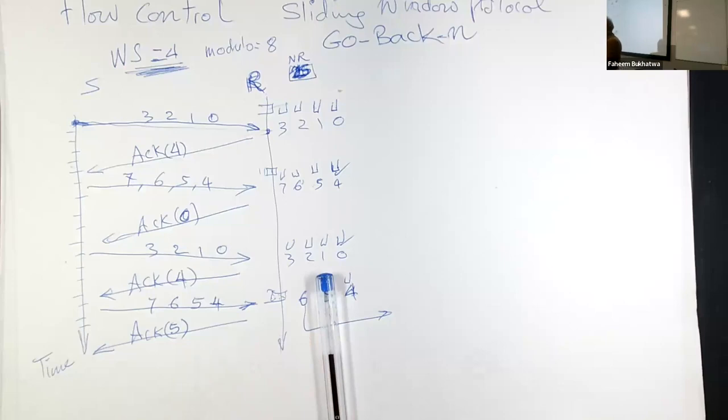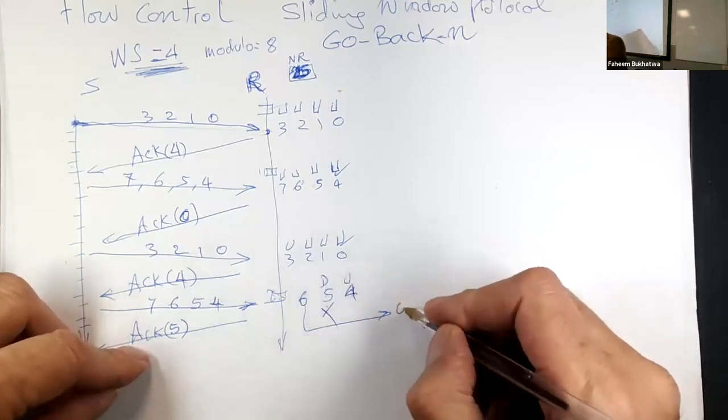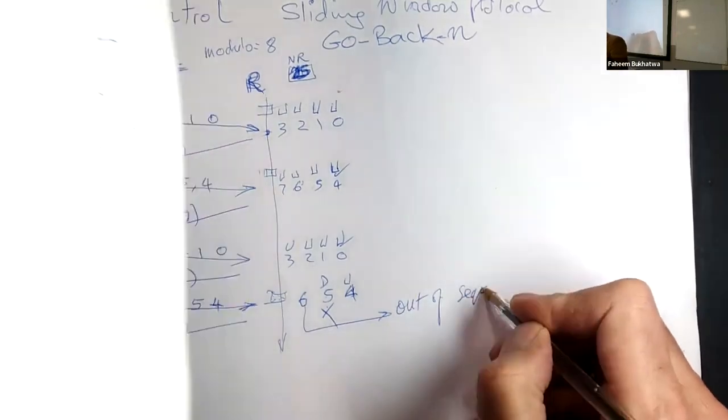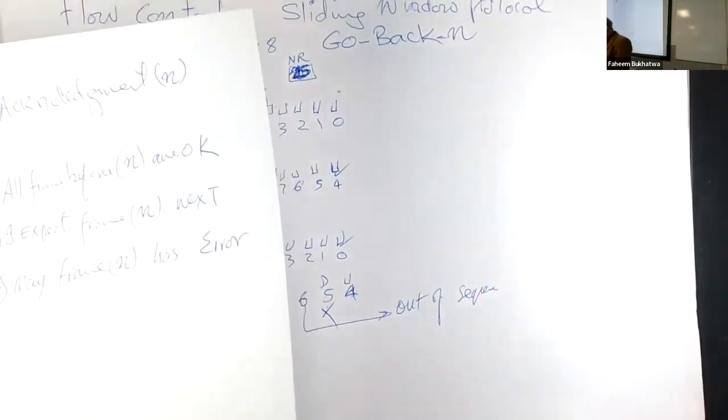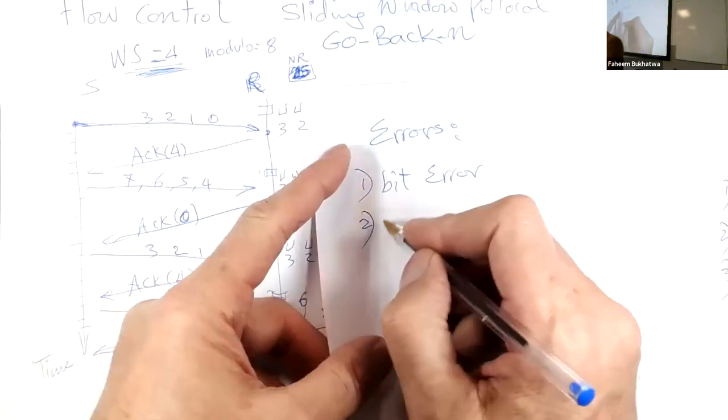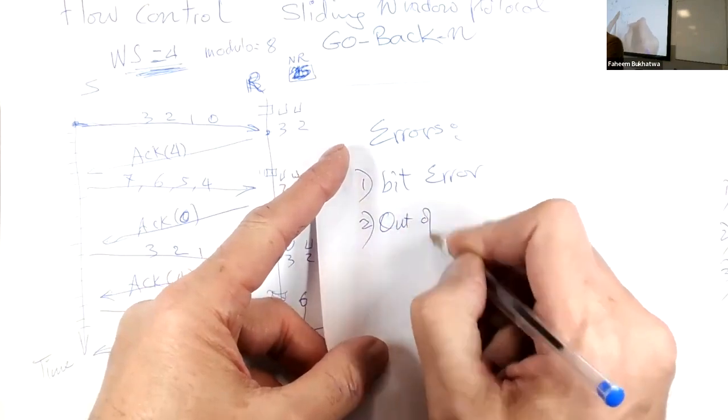So we don't send to our users a frame that is out of sequence, even if it's good, even if there's nothing wrong with the bits. What's wrong with it is we call it an out of sequence error. That means there's no bit error with it, but there's something else wrong with it, and it's called out of sequence.